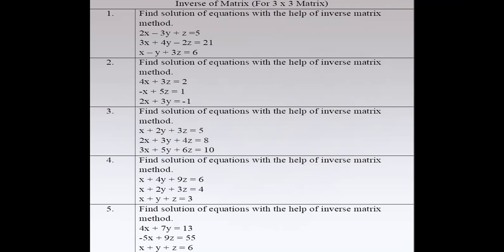And the last one is x minus y plus 3z equal to 6. So here the totals we know are 5, 21 and 6, and we are interested in finding the individual values of x, y, z using the inverse matrix method. Okay, so let us start the solution.